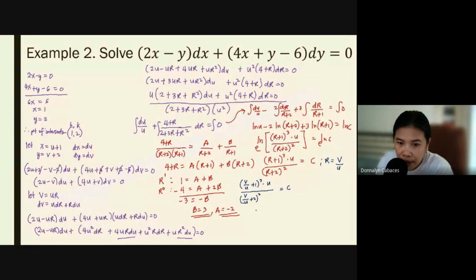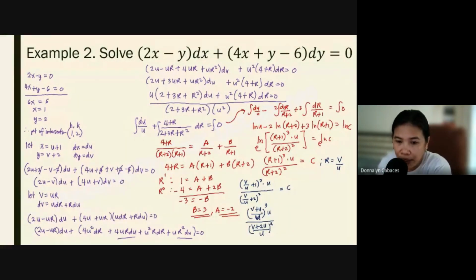So simplifying, you have v plus u over v cube over, v plus 2u over u square. You have here times u.